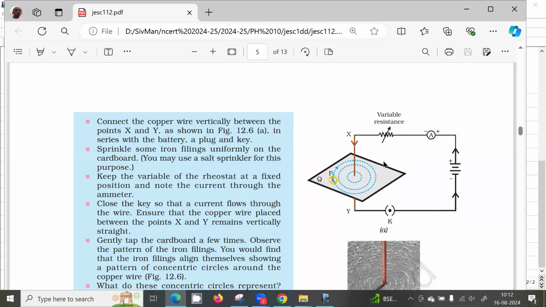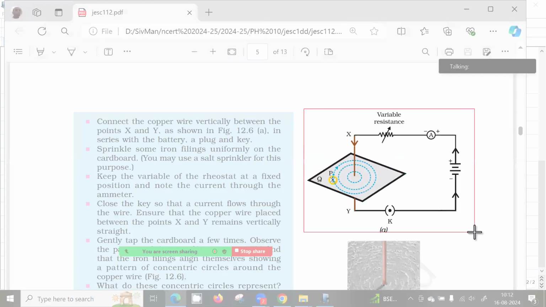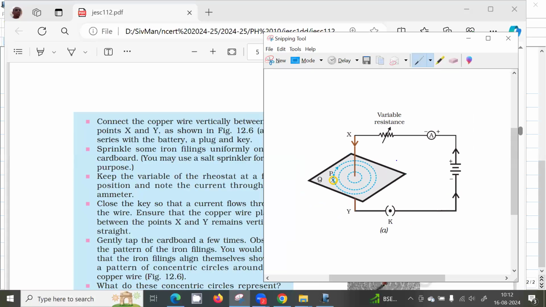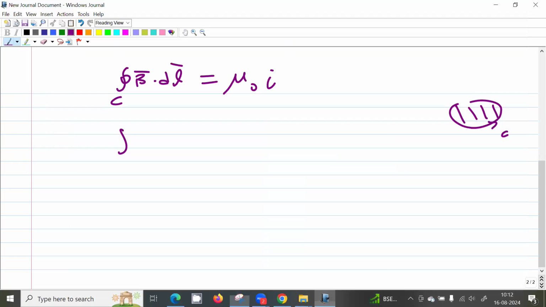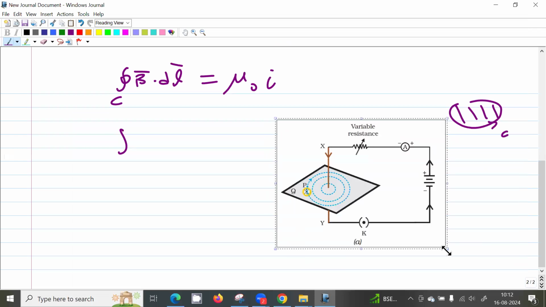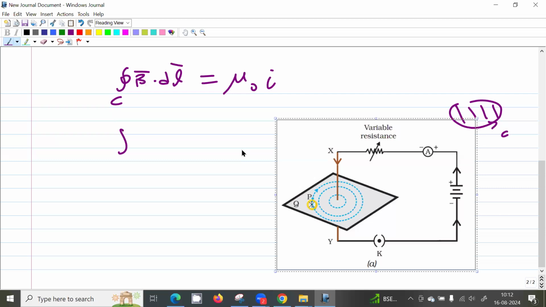For a straight conductor, the field lines will look like this. So here the current is downwards, right? So current is downwards, so thumb is pointing down. The remaining four fingers will give me the direction of the magnetic field. That is the thumb rule.